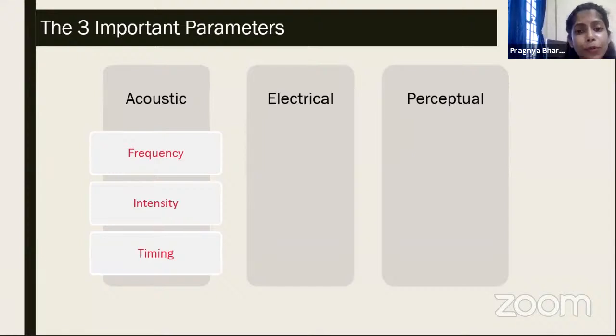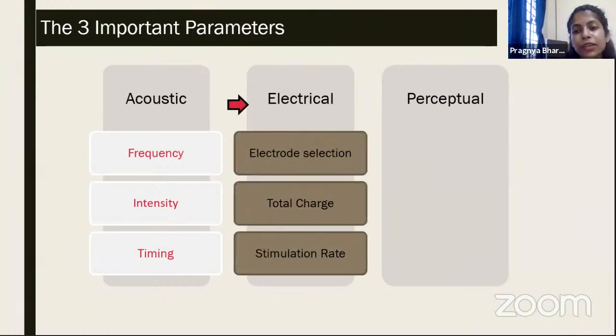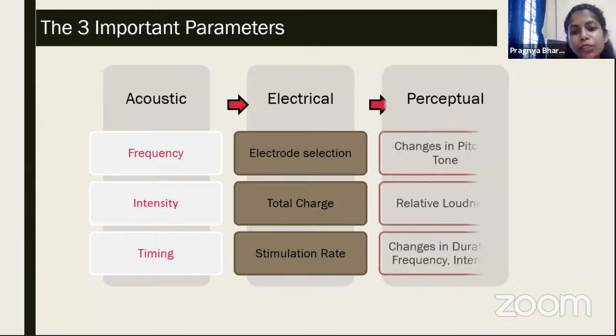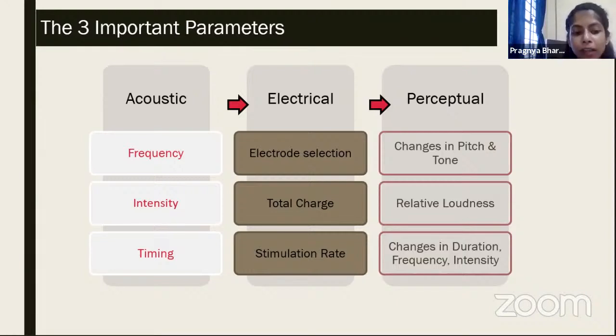So the three important parameters in acoustic terms: when we talk about frequency, electrically it is determined by the electrode selection, and perceptually that gives us the change in pitch or tone. Intensity is generally coded by total charge, and that gives us the perception of relative loudness.